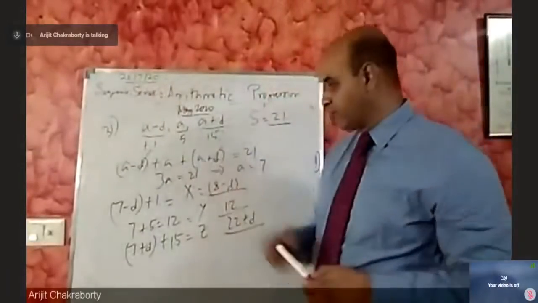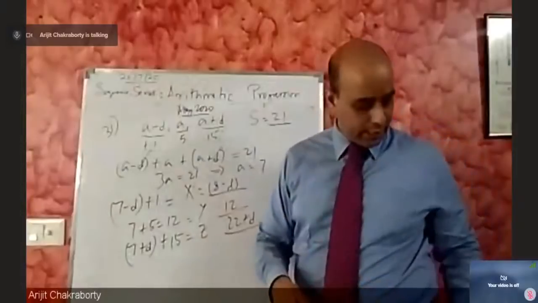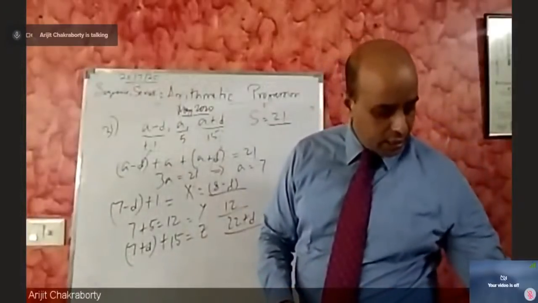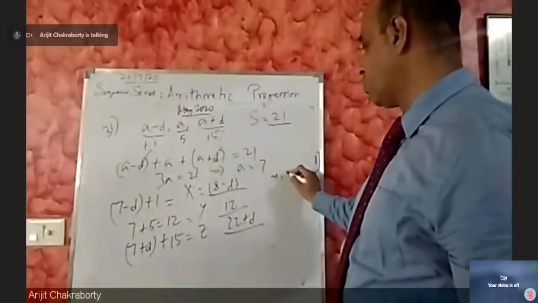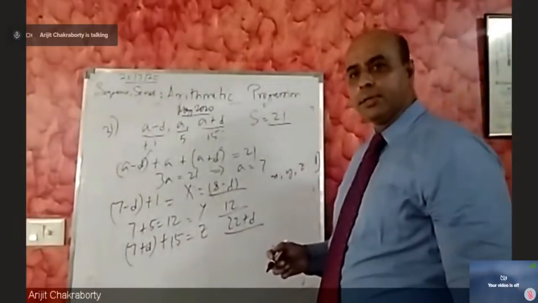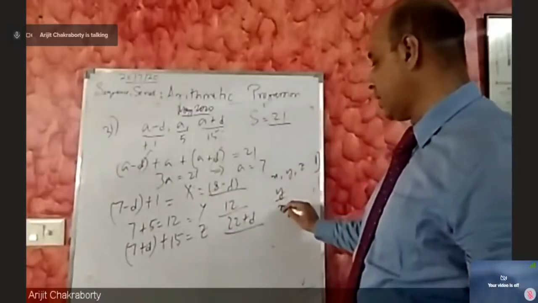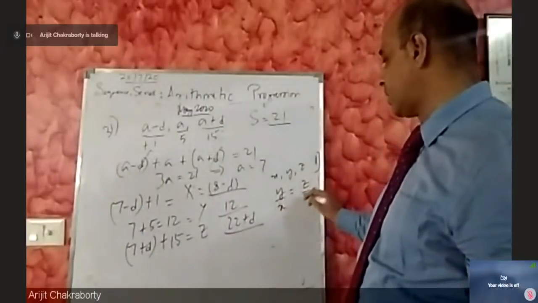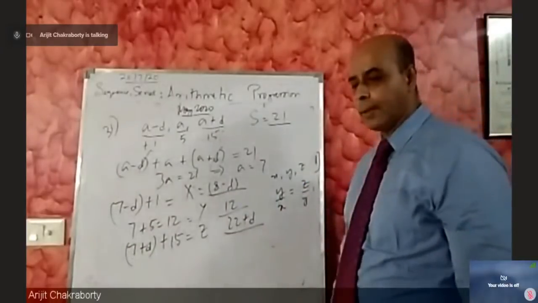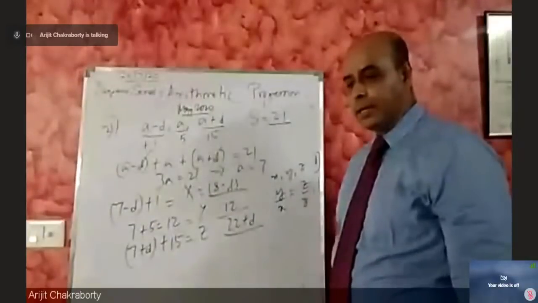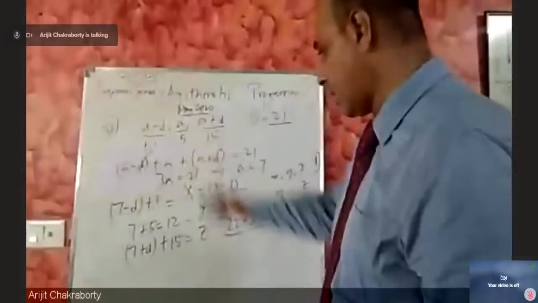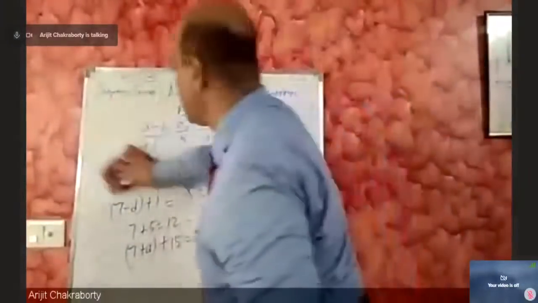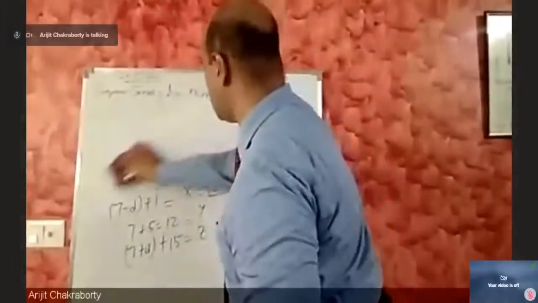We know if X, Y and Z are in a GP, then Y divided by X should be equal to Z divided by Y. So I'll just rub up this part and do the calculations here.